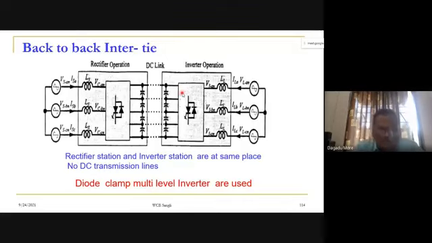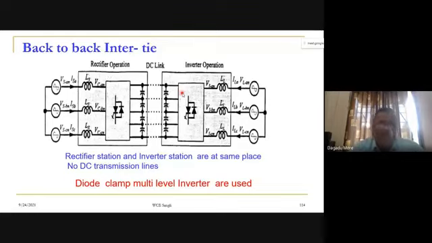So the thyristorized converter can be replaced with a multi-level PWM converter and inverter configuration. Instead of a 12-pulse converter, we use a multi-level PWM converter, which in general can work as a rectifier as well as an inverter.